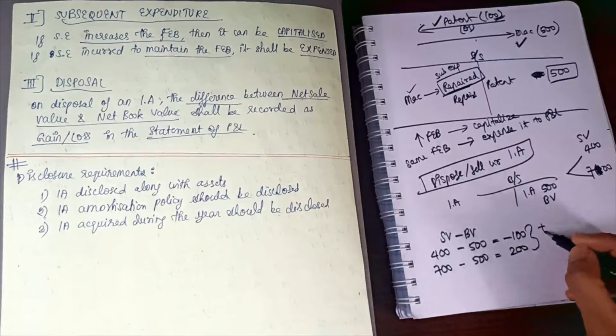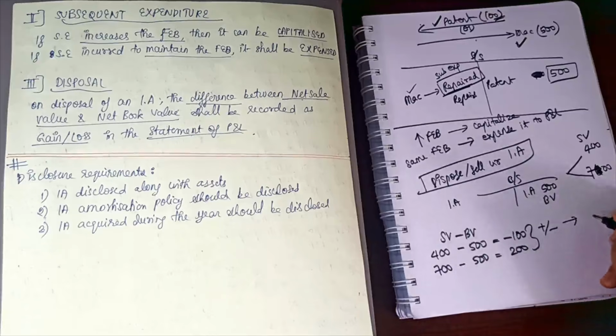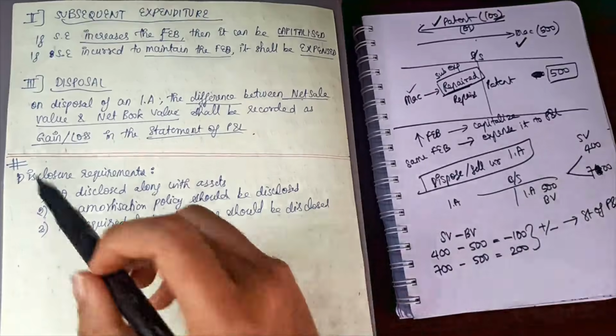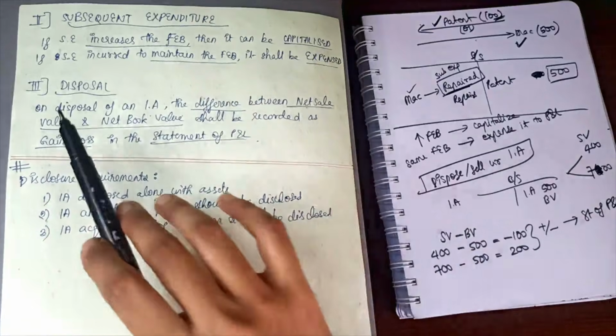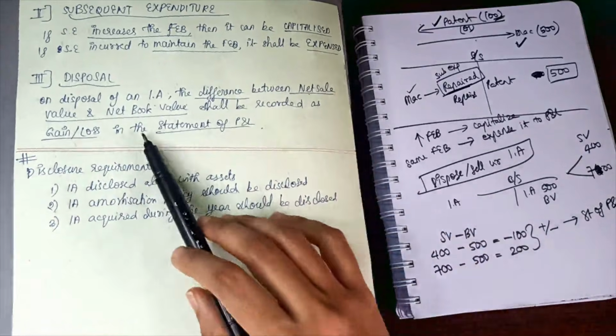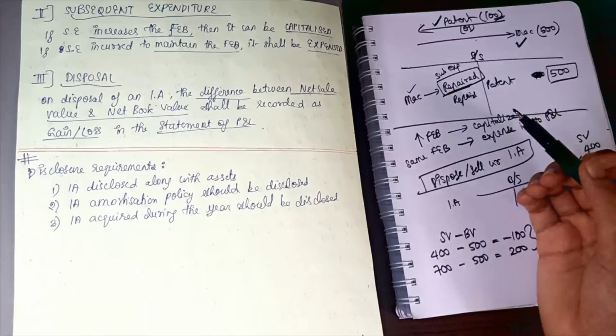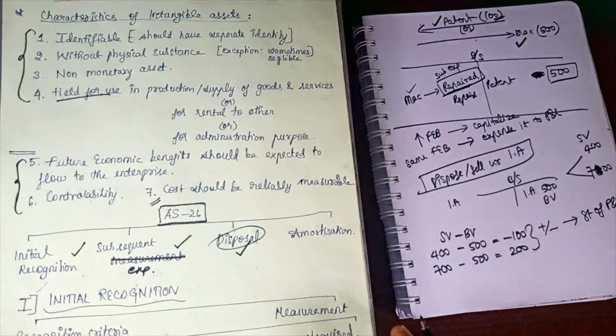Whether it is profit or loss, you have to transfer it to the statement of P&L. So on disposal of an intangible asset, the difference between net sale value and net book value should be recorded as gain or loss in the statement of P&L. Okay, so now we are done with the disposal part also.